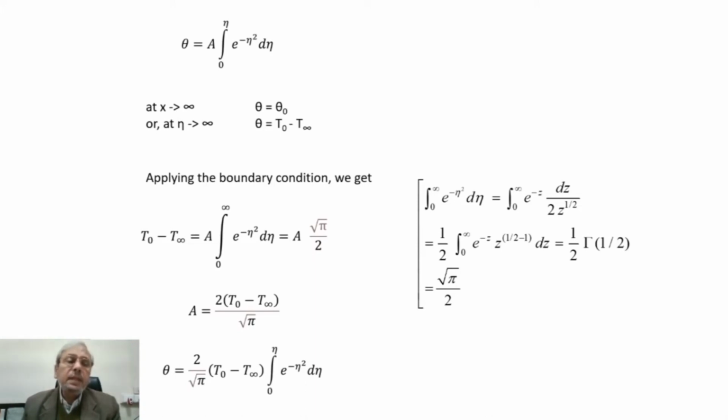In other words, when η tends to infinity, θ is θ naught or T naught minus T infinity. So applying these two boundary conditions, we can write θ is basically T0 minus T infinity, A integration 0 to infinity e to the power minus η² dη.